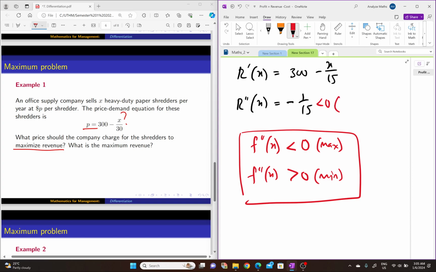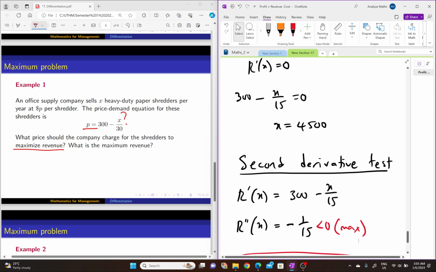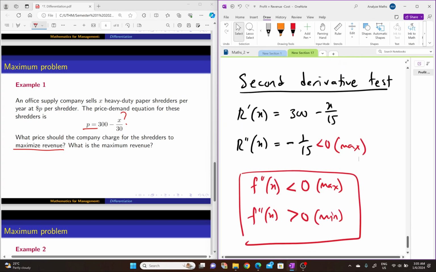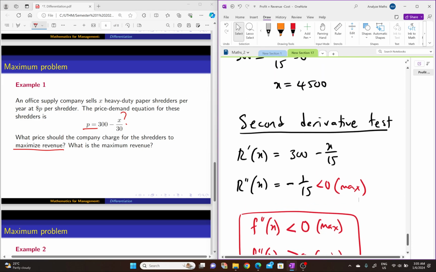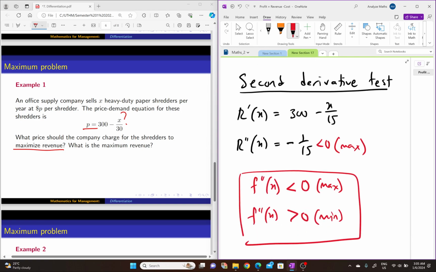Therefore, it gives you a maximum. The x equal to 4,500 gives you a maximum revenue. This is the test we do to confirm that x gives you maximum revenue.